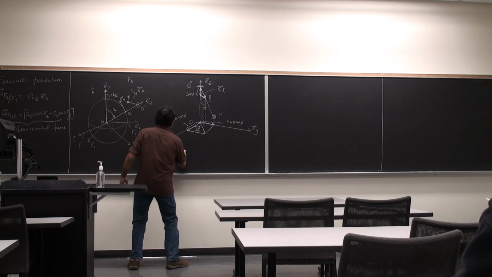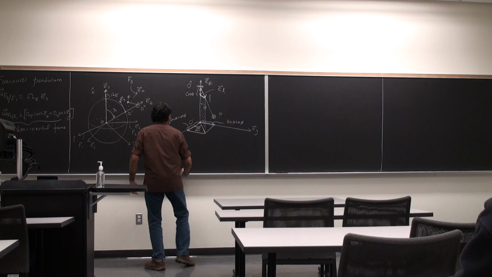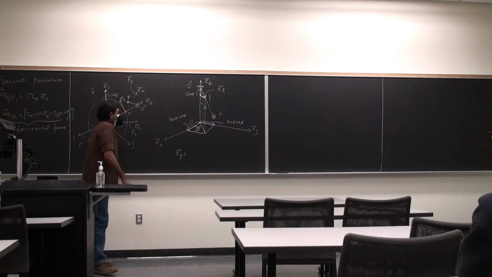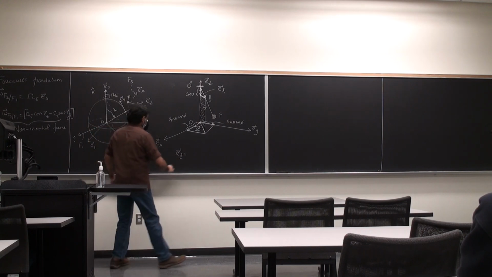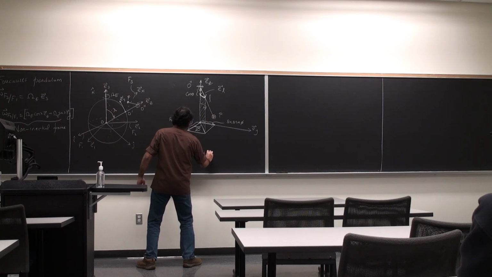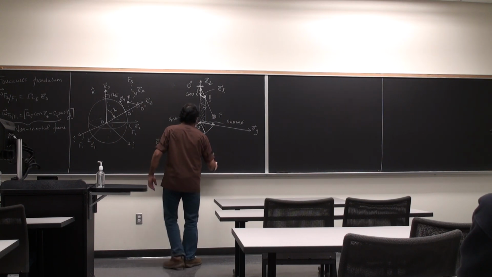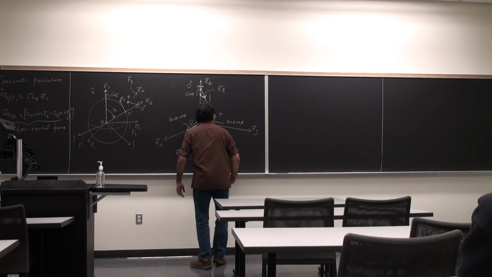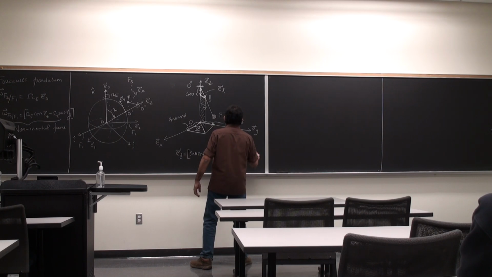So EL is, let's write it fully: sine theta cosine phi Ex, sine theta sine phi Ey, minus cosine theta Ez.